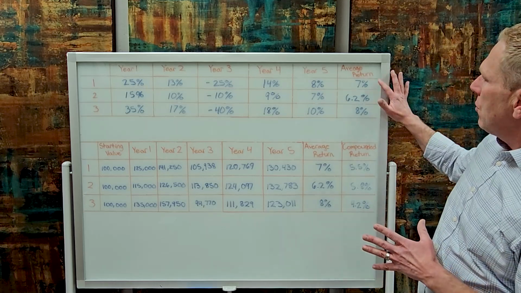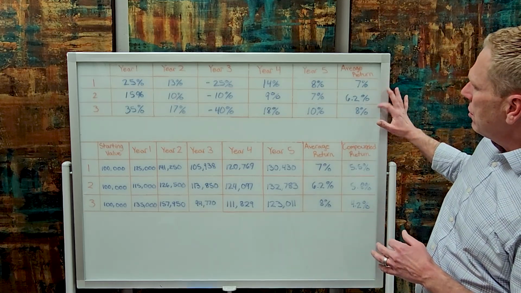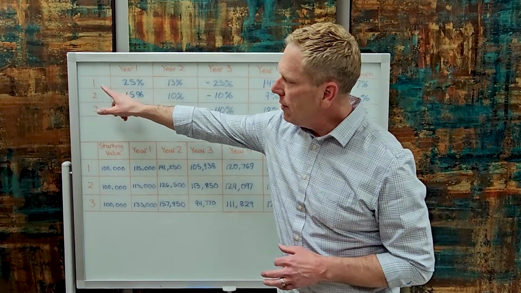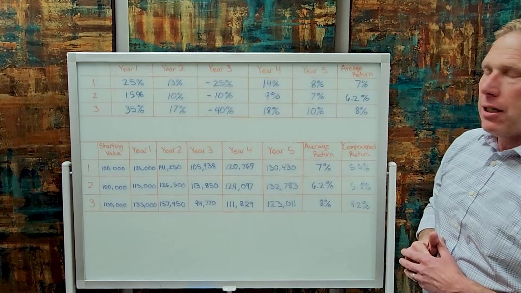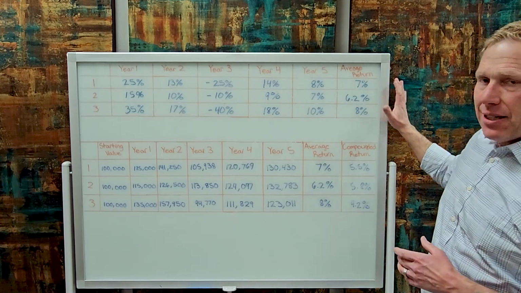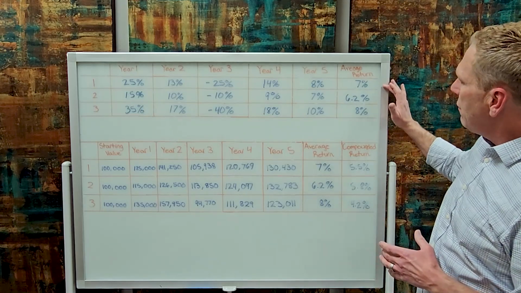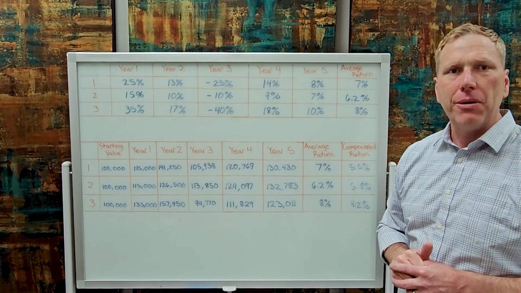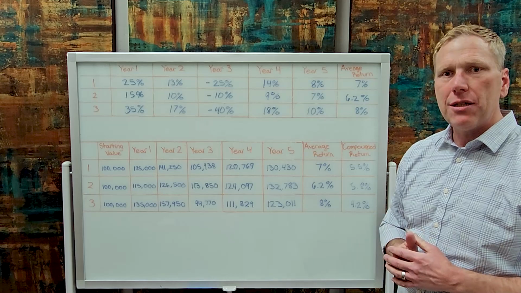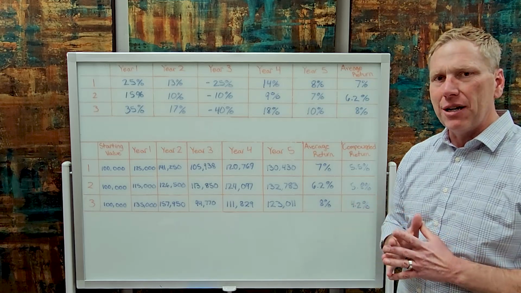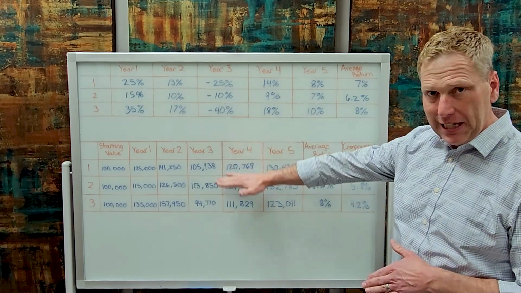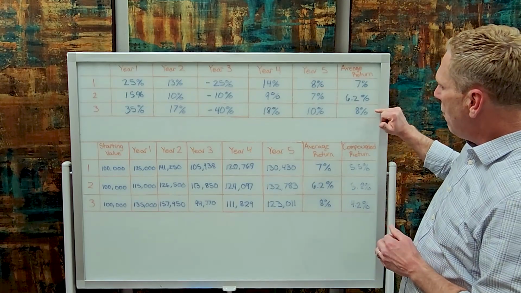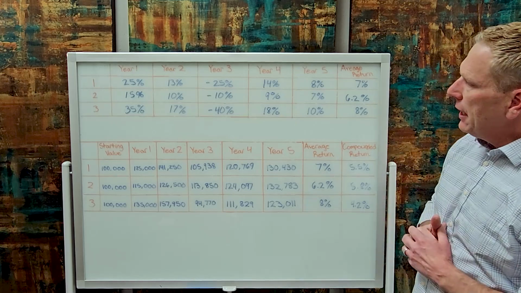So here are average annualized returns for these three portfolios, portfolio 1, 2, and 3. And if I ask an investor, which one of these annualized returns do you want over the 5-year period? Most people, without knowing any other information, without cheating and looking ahead, most investors are going to say, I want that one right there.